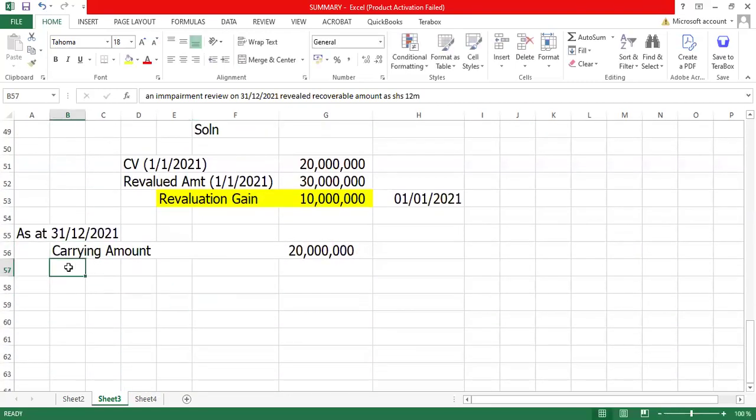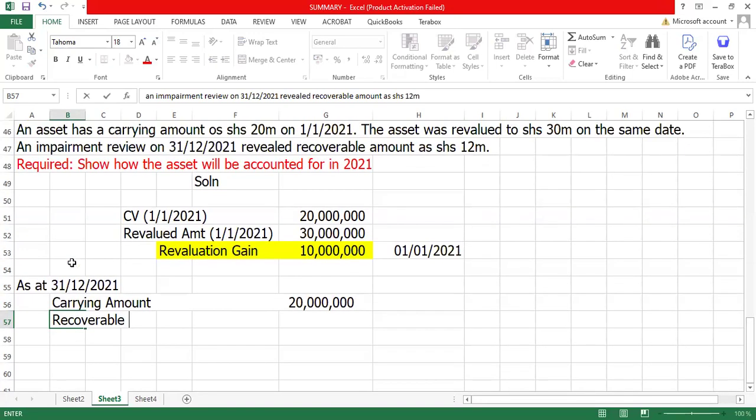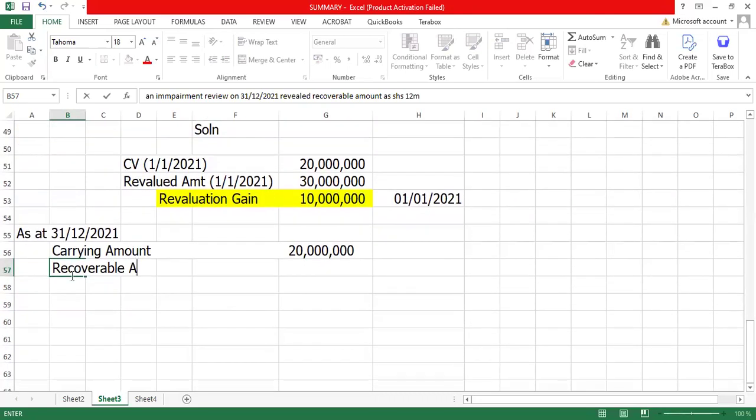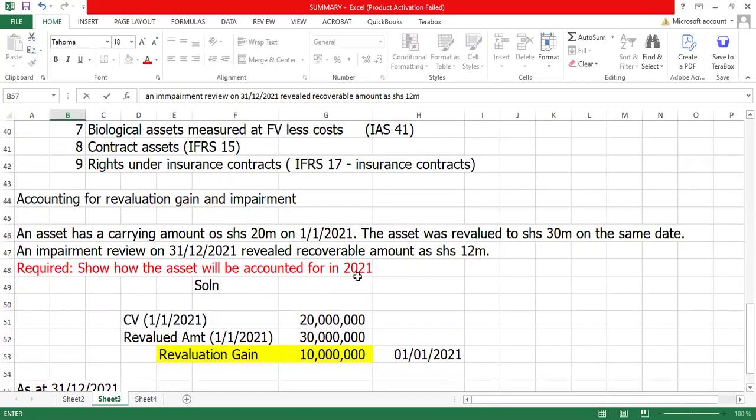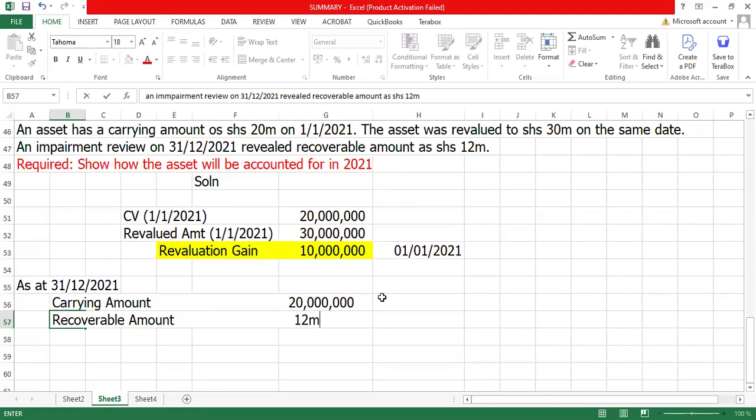20 million, then the recoverable amount. The recoverable amount was given as what? The recoverable amount was given as 12 million.